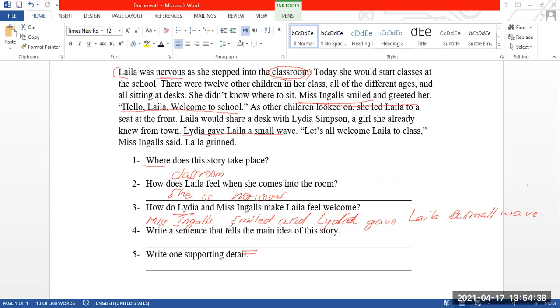Write a sentence that tells the main idea of the story. Okay, so Layla was nervous as she stepped. We can pick it from here, at the school, because this is the first day of school.